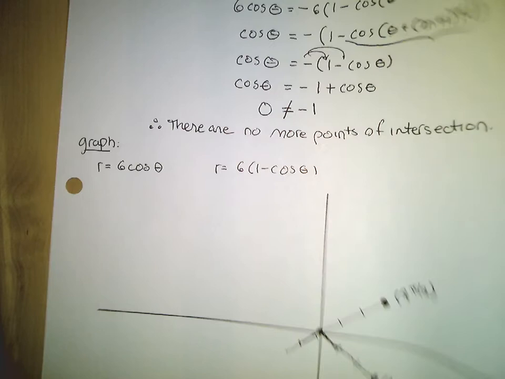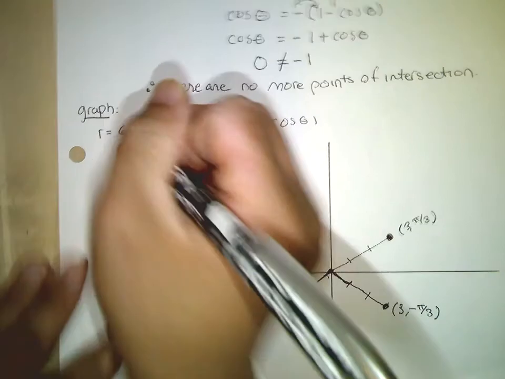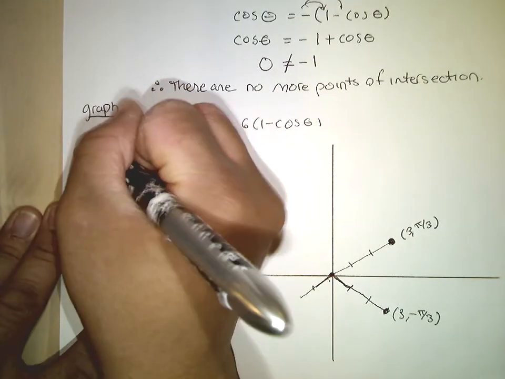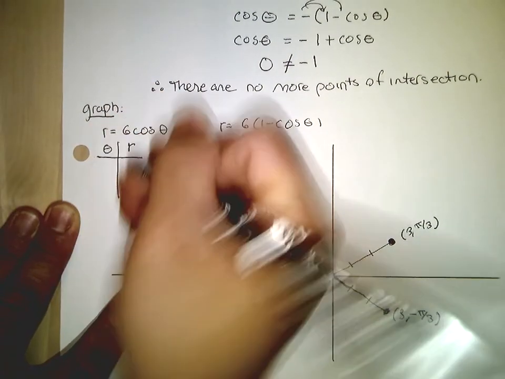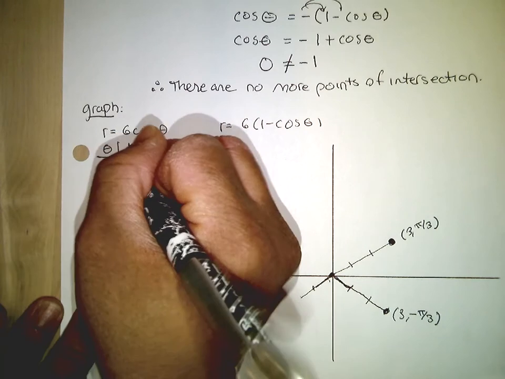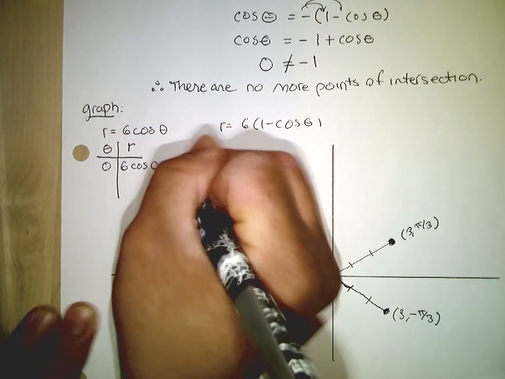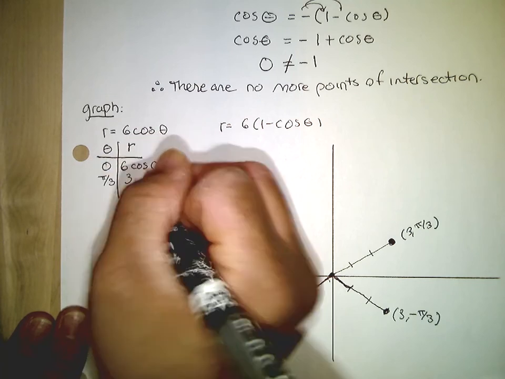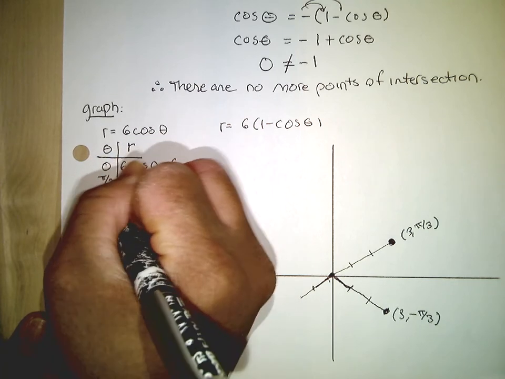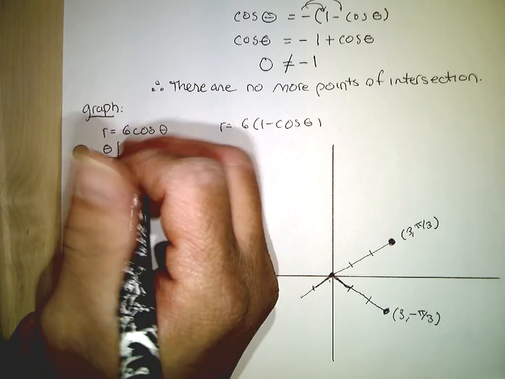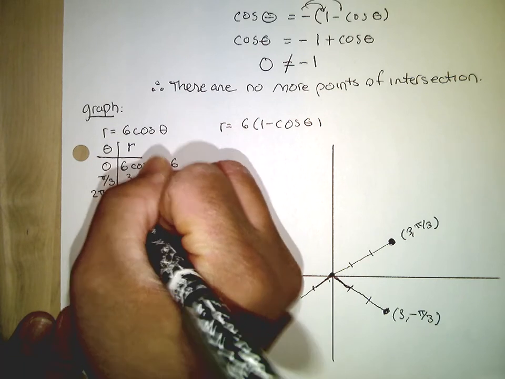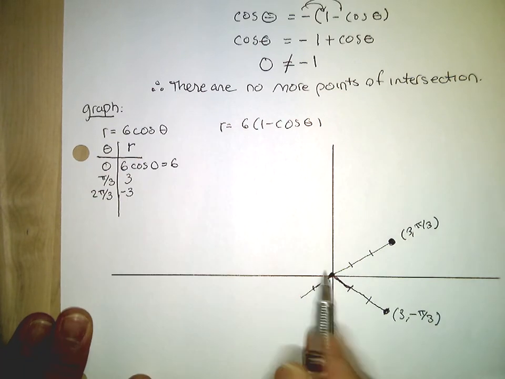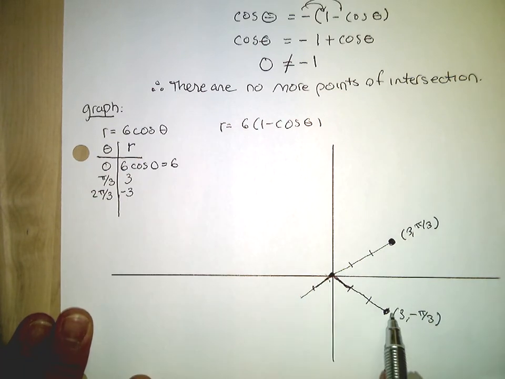All right, so now let's graph these. So let's do theta and then r. So 0, 6 cosine of 0 is 6. Pi over 3, I already knew was 3. 2 pi over 3 will be a negative 3. So (2 pi over 3, negative 3) will give us this point over here.